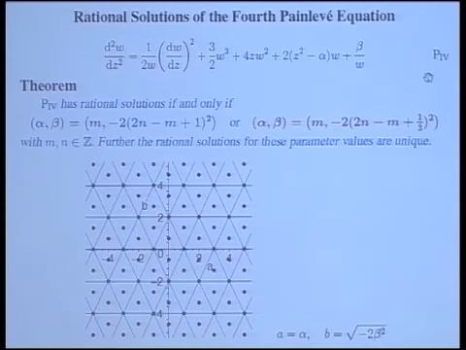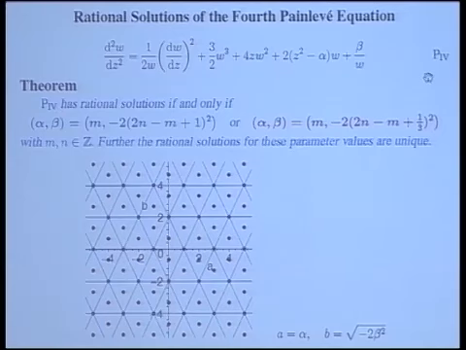So now let's move on to Painlevé IV. Now it's well known to have rational solutions for two sets of parameters. Both m and n are integers, and the ones here in blue are on these blue dots.